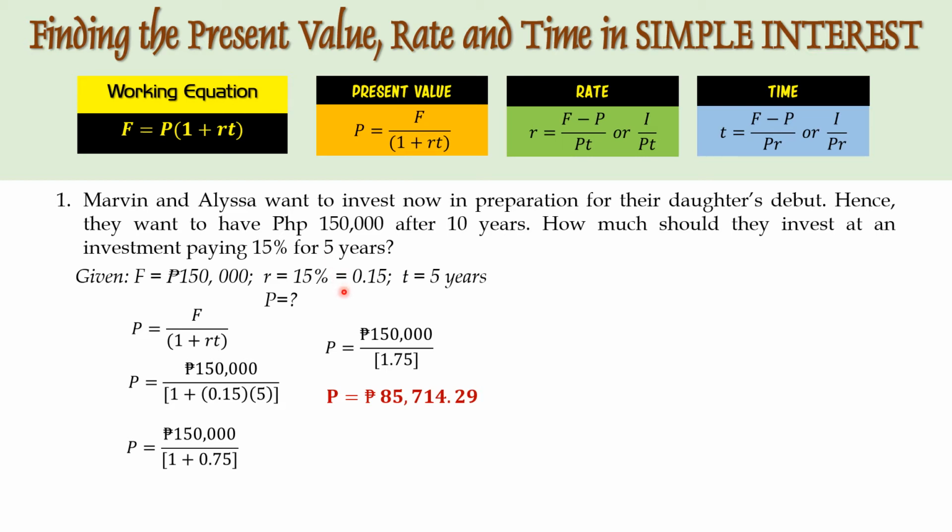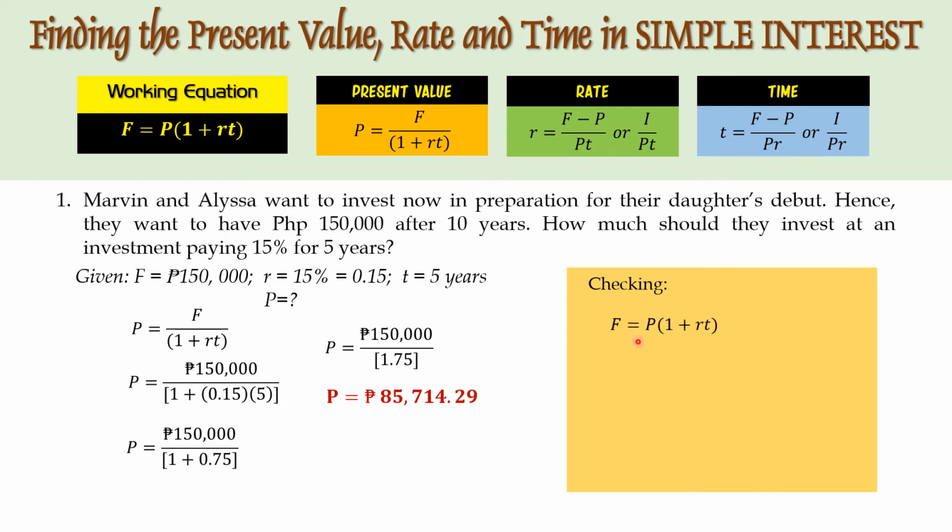And then, para malaman natin kung tama ang sagot natin, let's do some checking. So, in this case, gonna have to find the value of the future value. So, F is equal to P times quantity 1 plus rate times time. Ni-plug in lang natin dito yung values. Okay, so principal, ito yung nakuha natin sagot. And then, 1 plus the rate, of course, same lang yan. And then, multiply natin yung dalawa.